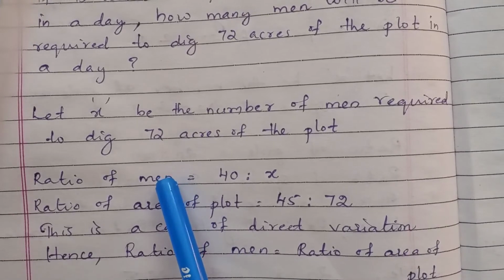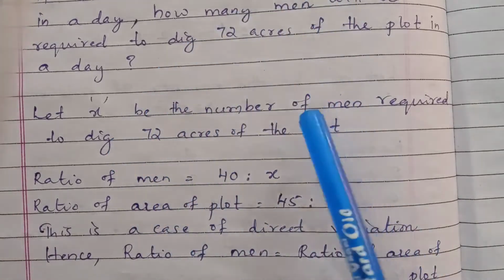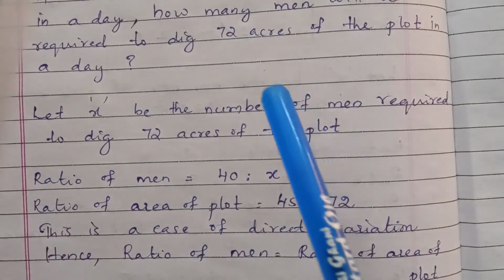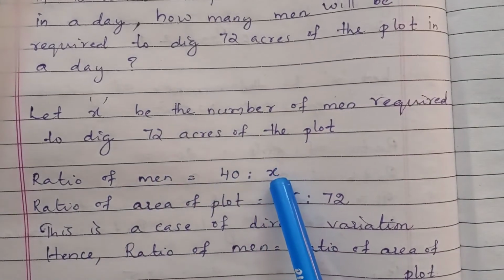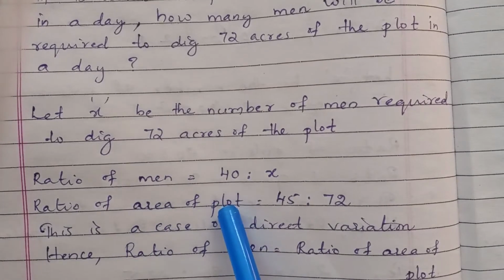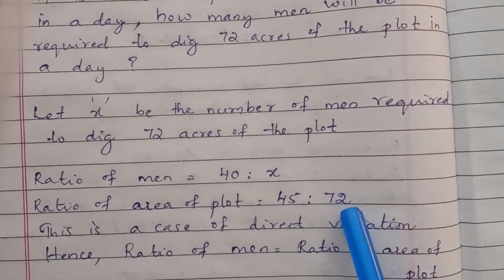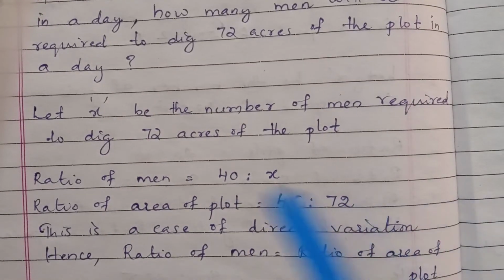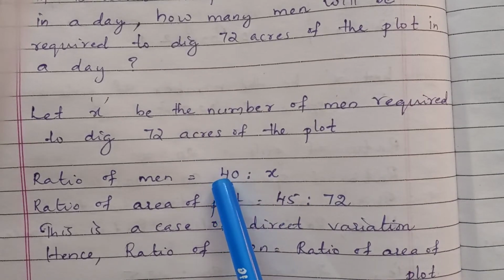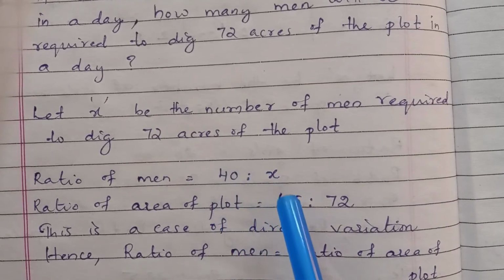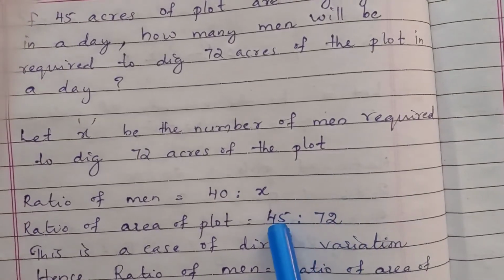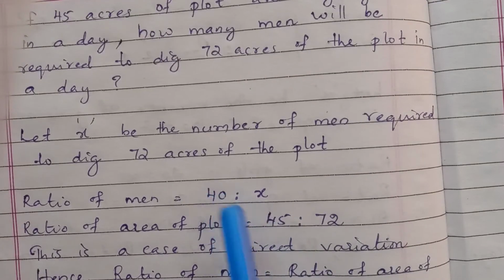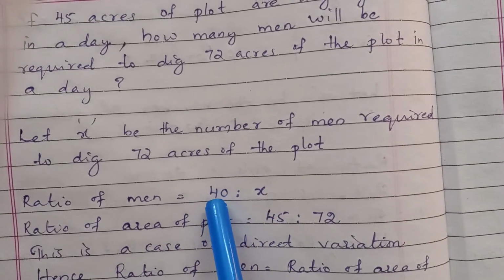Here two quantities are number of men and area of the plot. So ratio of men is equal to 40 is to x. Ratio of area of the plot is equal to 45 is to 72. Order is very important. At first we had 45 acres of plot and we have 40 men.